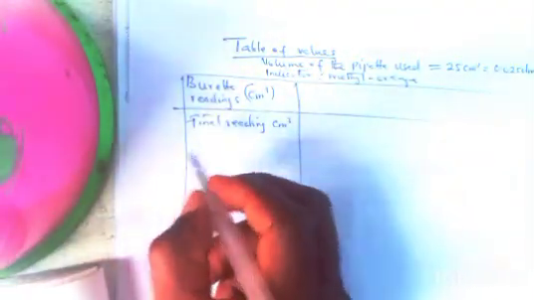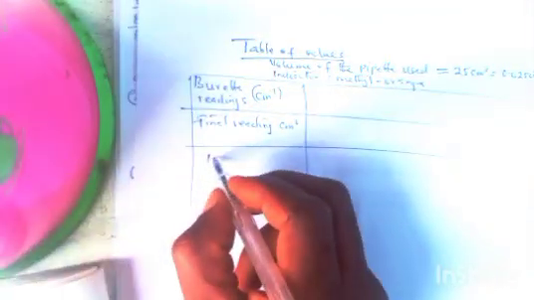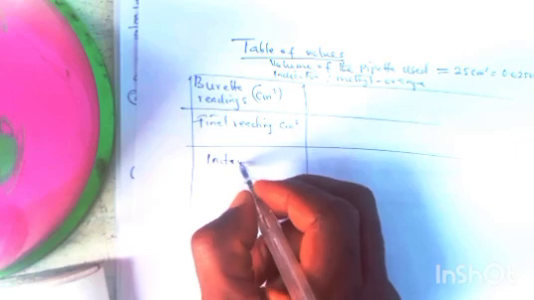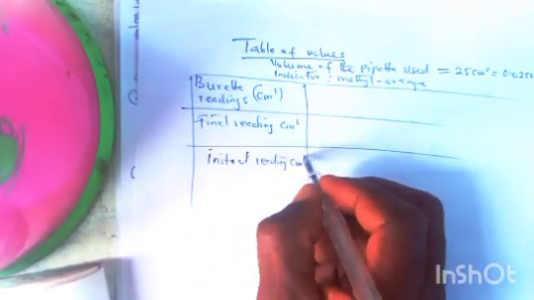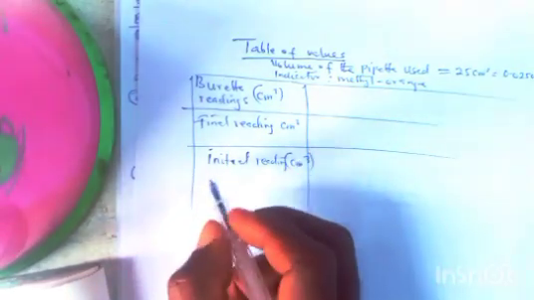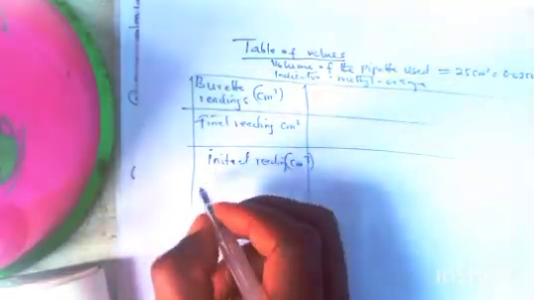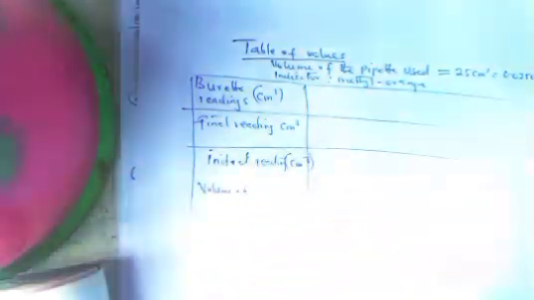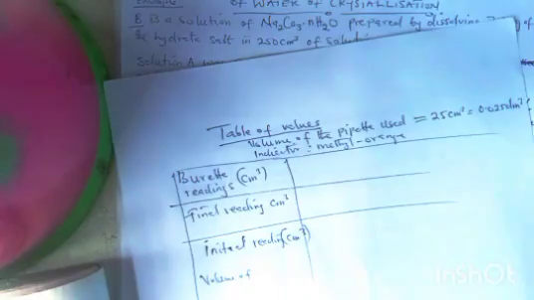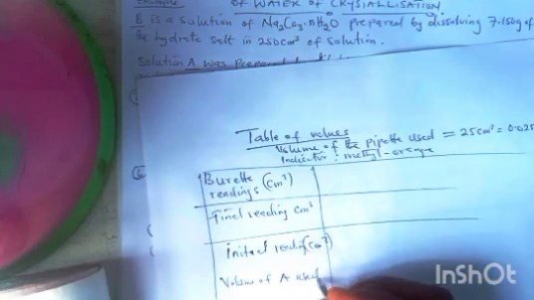In our table of values, burette readings: this is the initial reading, the volume of A, which is the acid, the volume of A used in centimeter cube.